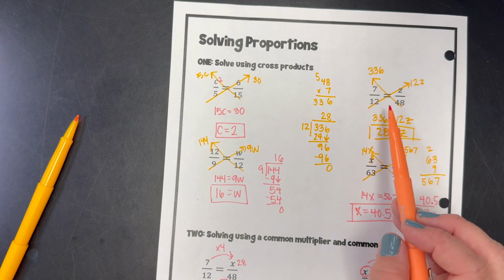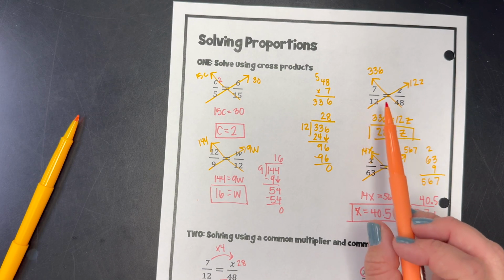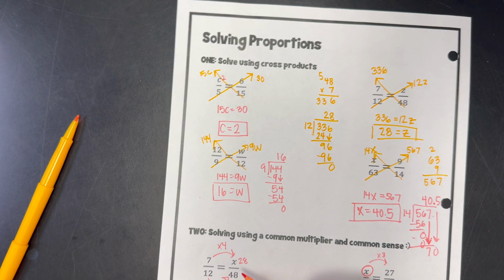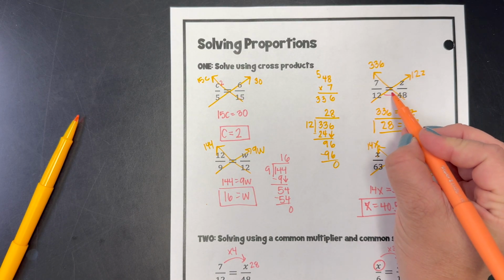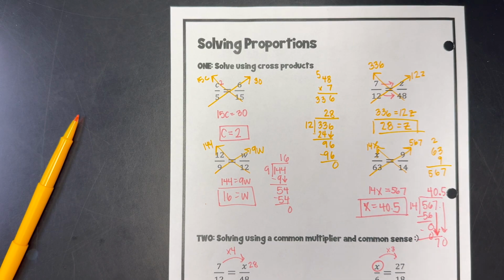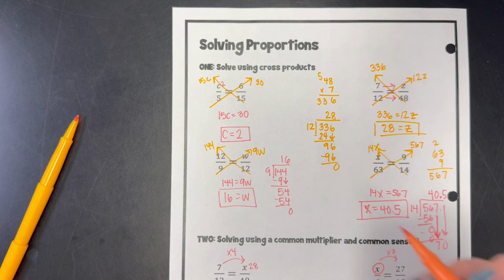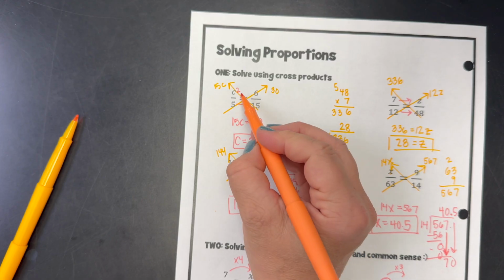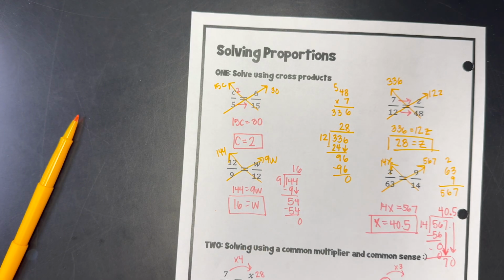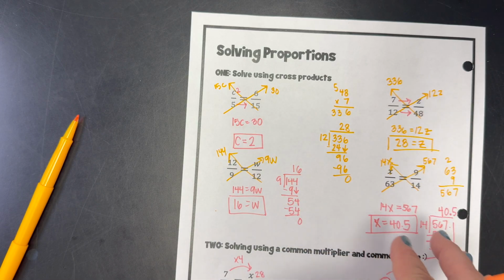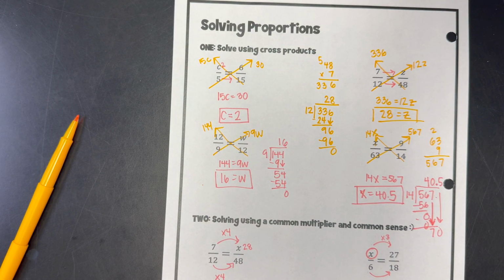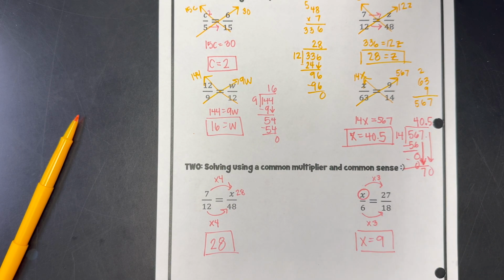For example, this is exactly the one from down here. 12 times 4 is 48, 7 times 4 is 28. Or on this one, 5 times 3 is 15, so I know 2 times 3 is 6. So if you can see the relationship and you can use a common multiplier and common sense, by all means do it that way. Otherwise, we're going to use cross products, and that'll work every time.